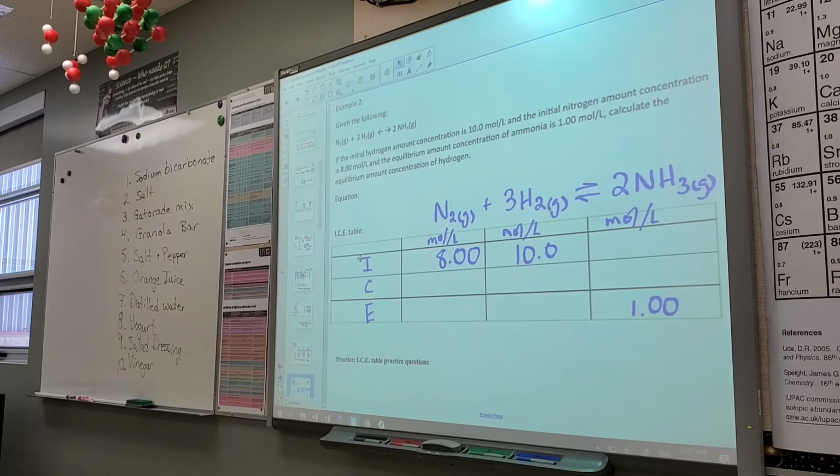Now you need to think, are we going to gain or lose? Do you start off with any of this? If you have nothing to begin with, can you lose any of that? No. What's the only option? Gain. So you have to put plus there. If you're gaining products, what do you do to your reactants?